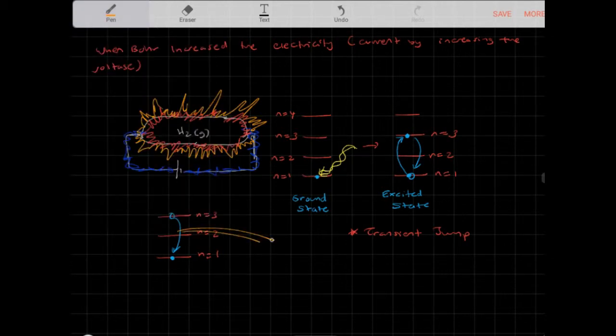So this time, the energy that gets released is characteristic of an orange wavelength, right? We see orange because our eyes perceive that form of energy as the color orange. So this is the energy of the photon that gets released with the wavelength and frequency characteristic of orange visible light.